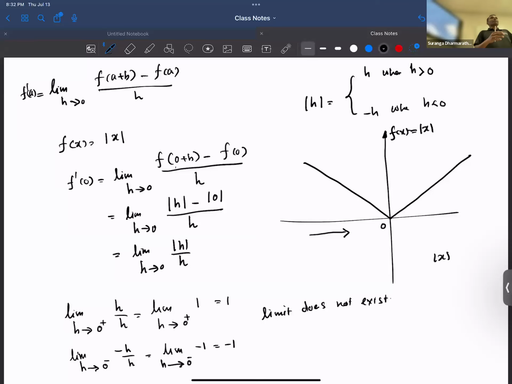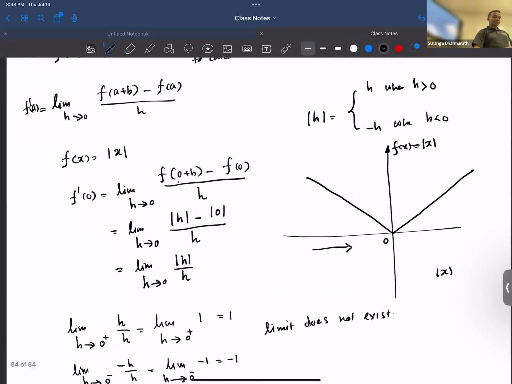I'm sorry, the function is continuous, but it is not differentiable at x equals 0. Okay. See, that's a special case. Does that make sense to you?